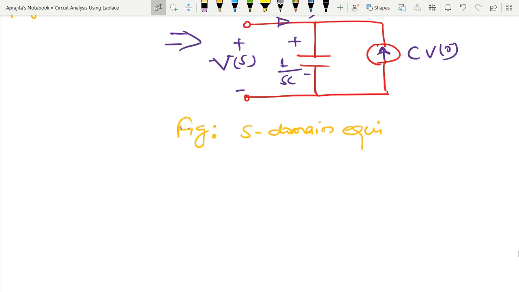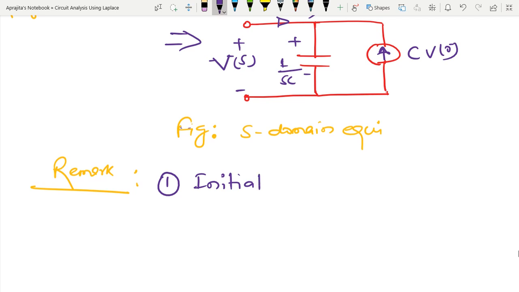So if you write it in terms of a remark, in this way the initial condition is captured, but in phasor we are missing this kind of advantage.